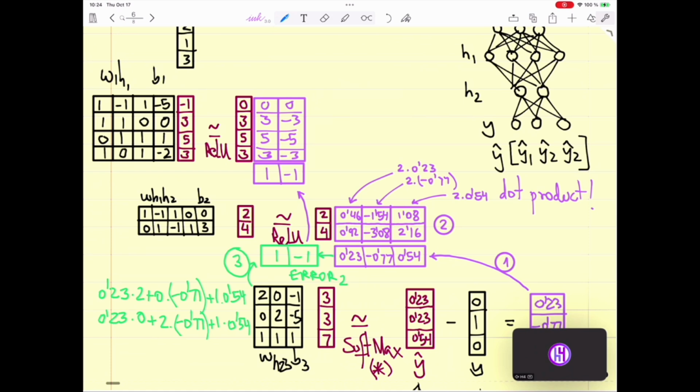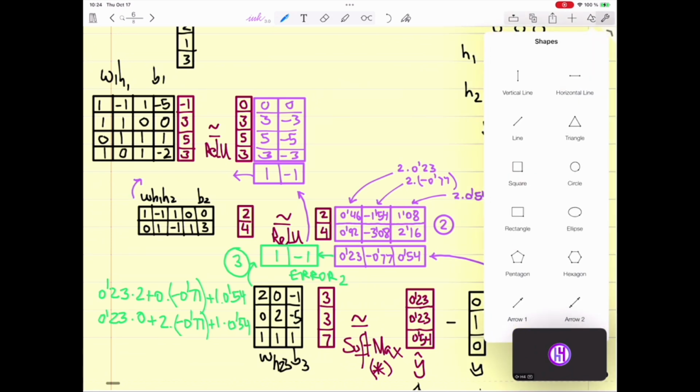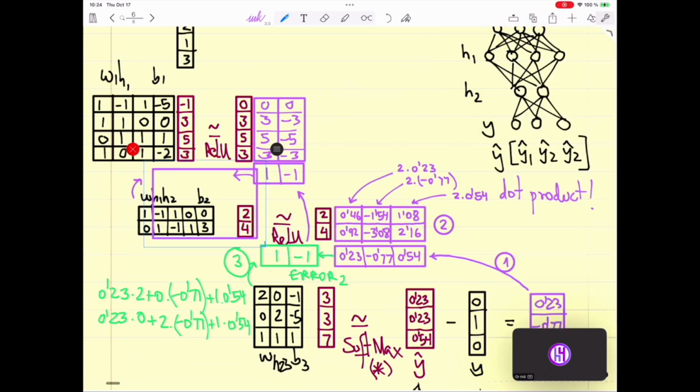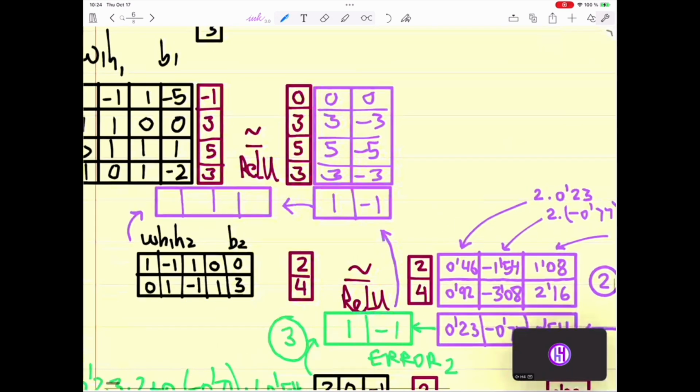And then we multiply here again, this one with this one, and we get something like this. 1 times 1 minus 1 times 0 is 1. 1 times minus 1 minus 1 times 1 is minus 2. 1 times 1 plus 1 is 2. And then 1 times 0 minus 1 is minus 1.